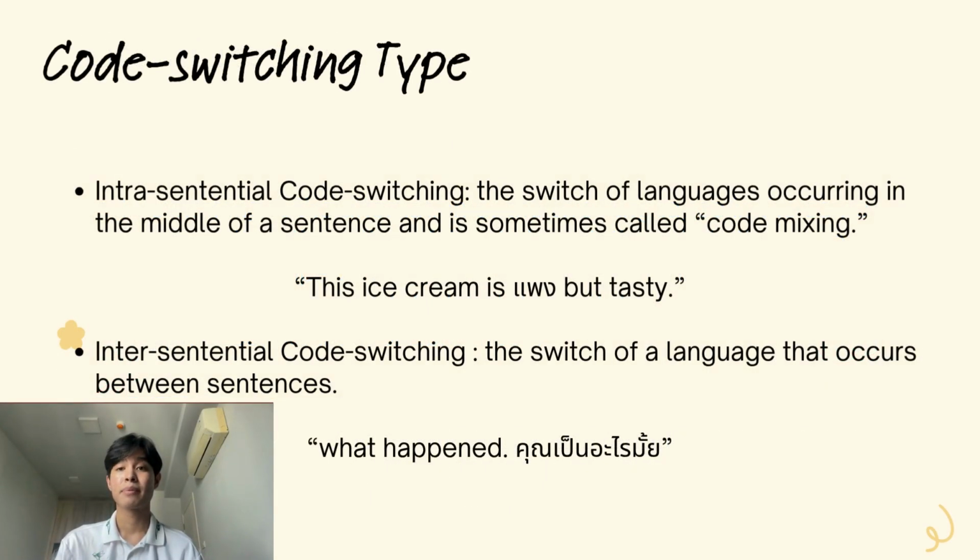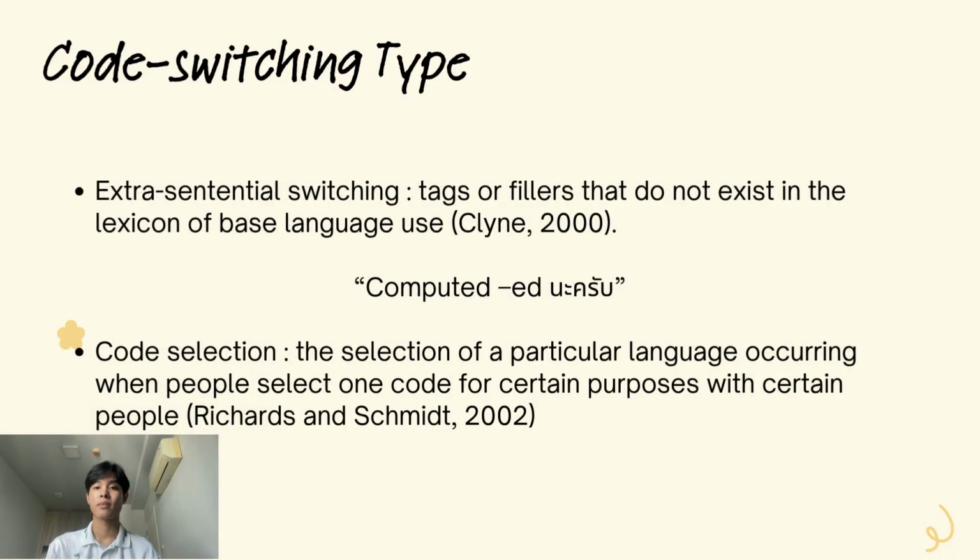There are four types of code switching. First, intra-sentential code switching. It is the switch of languages that occurs in the middle of a sentence and is sometimes called code mixing. Next, inter-sentential code switching. It is the switch of a language that occurs between sentences.